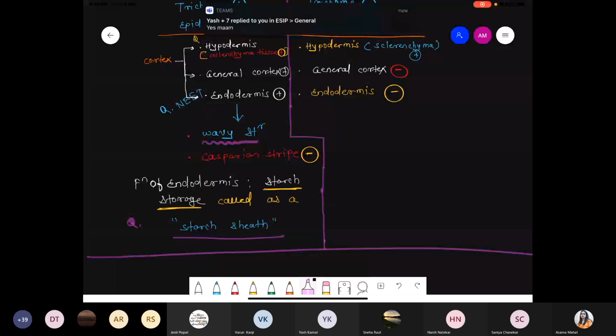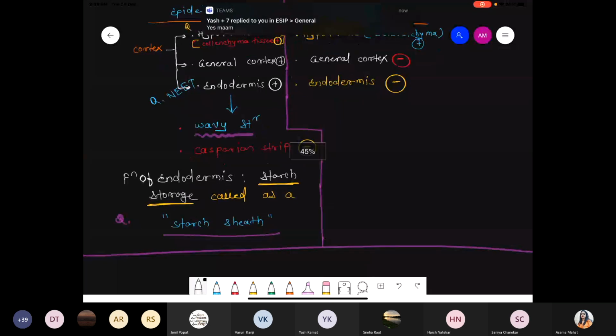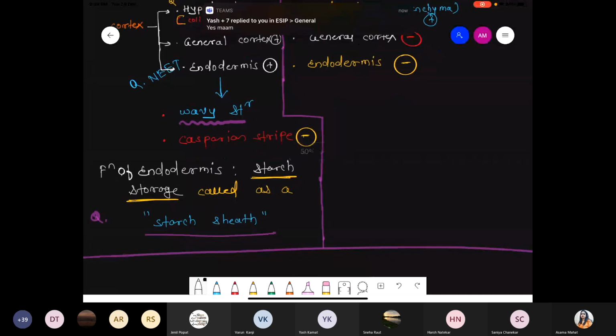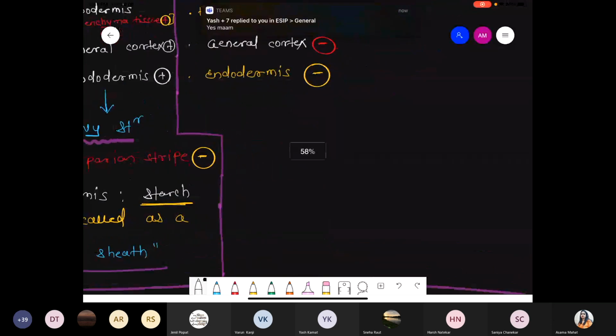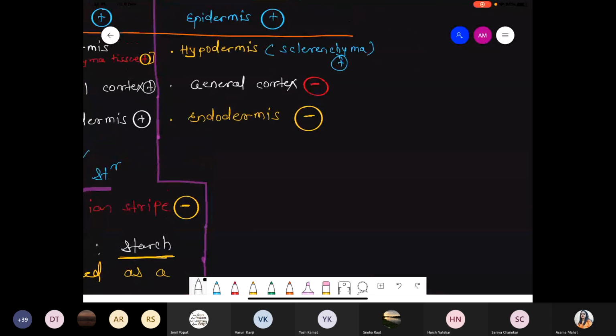Okay, chalo. Now we are mentioning one point under the monocot stem. Definitely we are talking about the hypodermis layer being present, which is made up of dead tissue, that is sclerenchyma. Next, the general cortex is also absent. Endodermis is also absent, but commonly there is a presence of undifferentiated tissues.